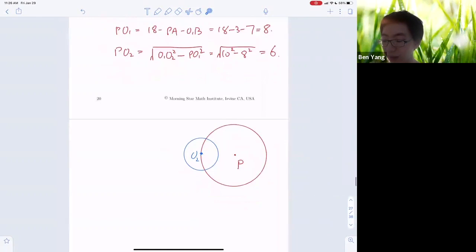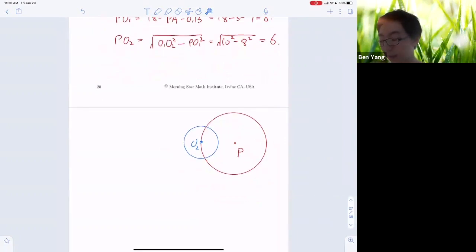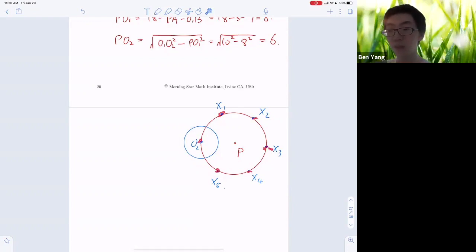So it seems that we can simply choose the 6 points on the circle that are the 6 vertices of a regular hexagon. So we have another point here. Let's say this is x1, and then x2, x3, x4, and x5. So those 6 points are 6 vertices of a regular hexagon.